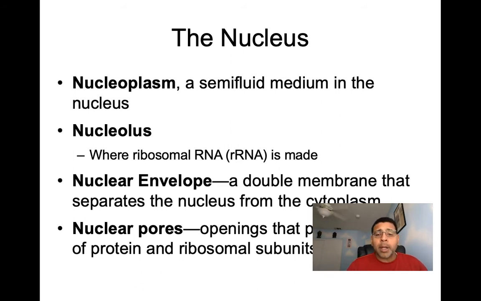The nuclear envelope has nuclear pores. These nuclear pores are going to permit bidirectional transport of proteins and ribosomal subunits.